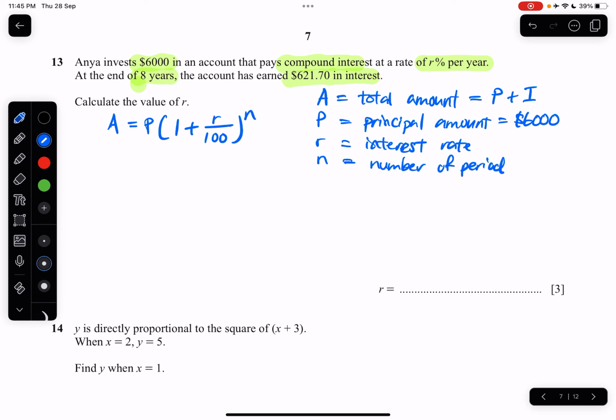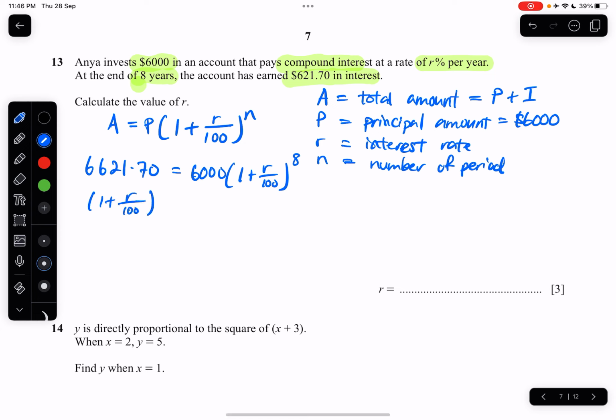So for this particular question, I can say that the total amount will be $6,621.70, and that equals 6,000 times (1 plus R over 100) to the power 8, as the number of periods in this case is 8 years. The first thing I have to do is make the whole expression with R on the left hand side.